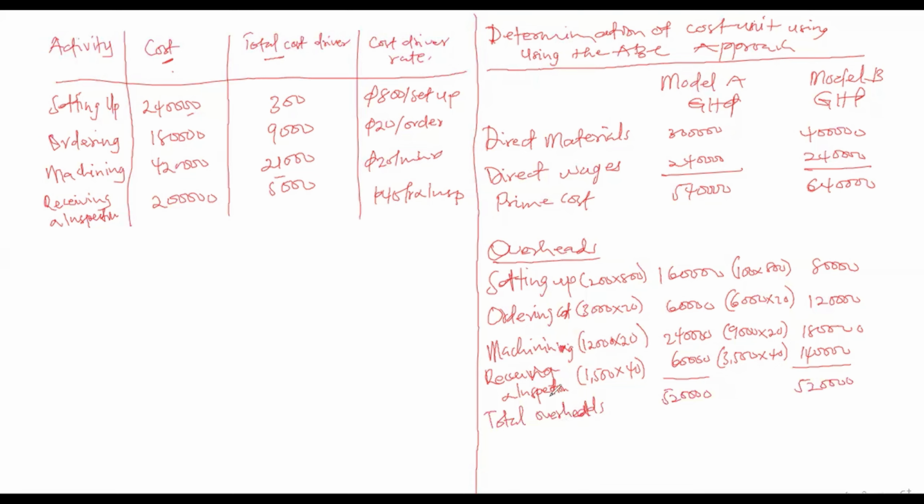So now let's add our prime cost to this to get our production cost. So 540,000, then 640. When we add these two, we get our total production cost.